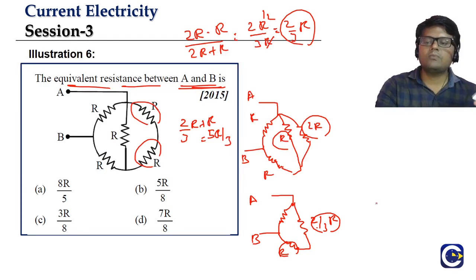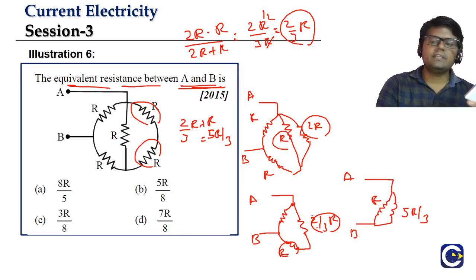Okay. So now we have the B as it is. There is a resistor R, then there is the 5R by 3 and R. They both are in parallel. Now we have to find the equivalent of both of them. Same formula, R1 R2 by R1 plus R2.